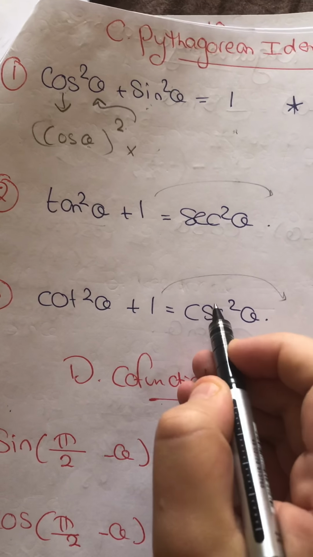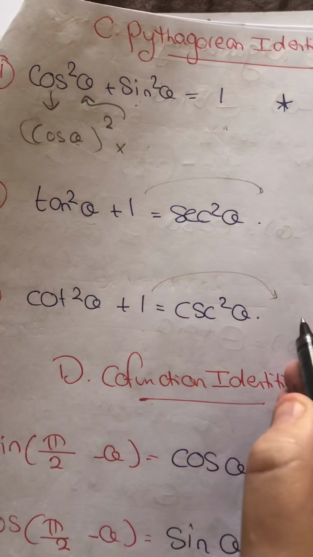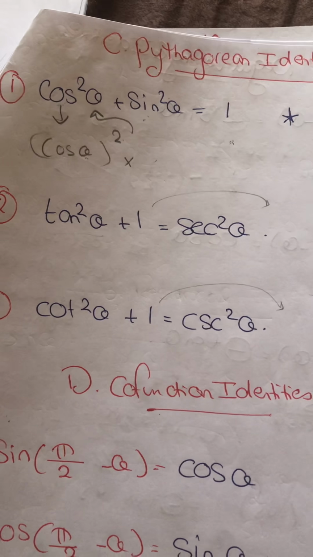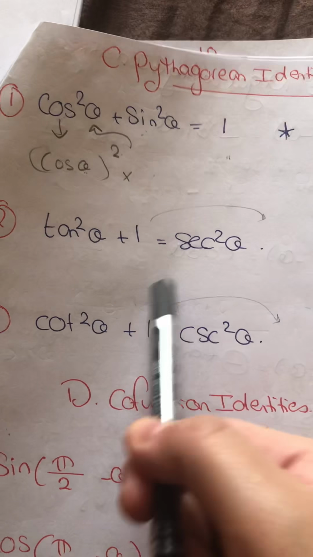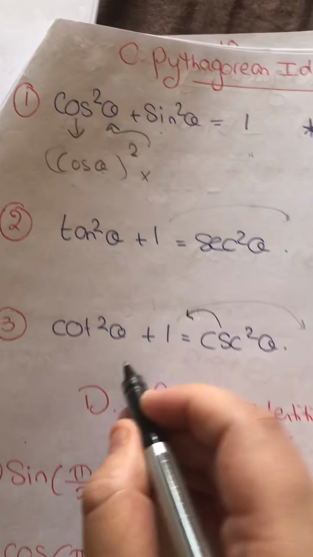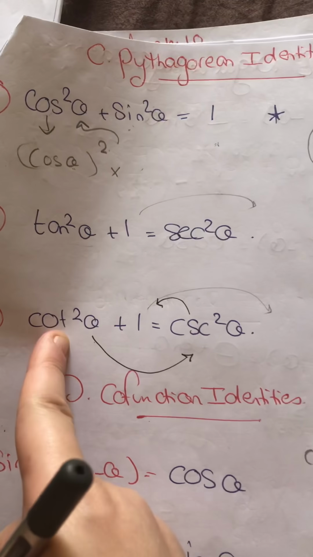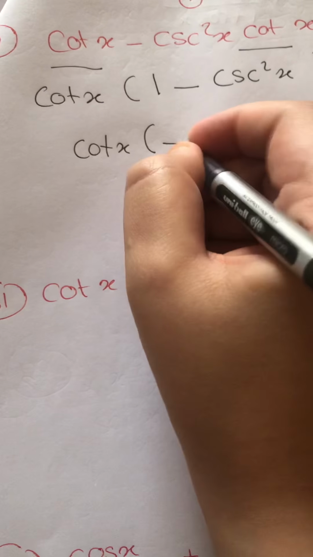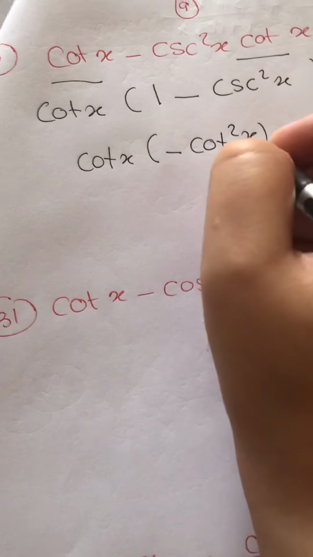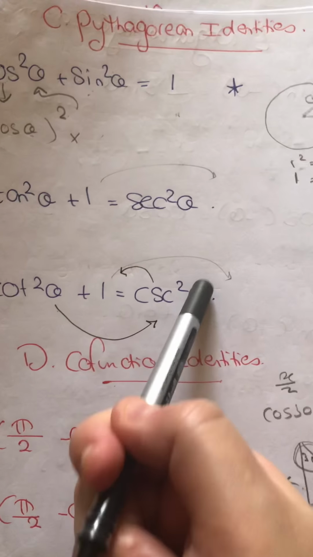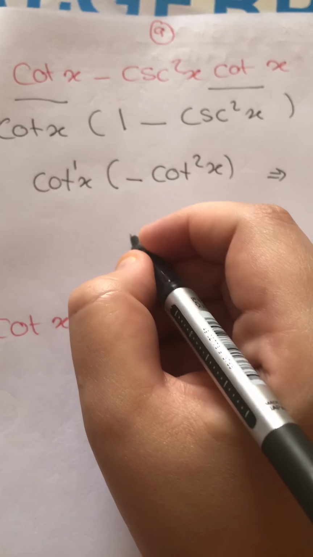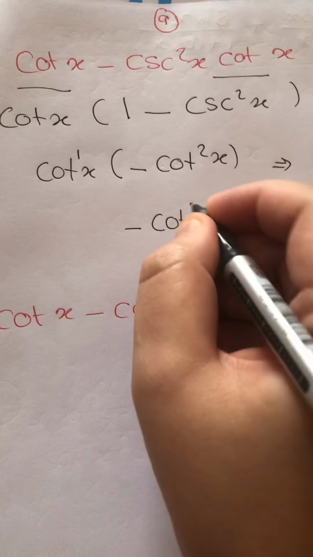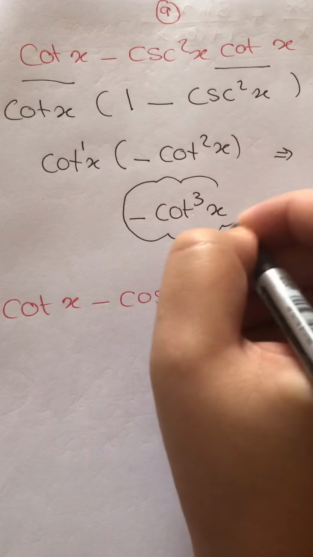We're used to cosec squared x minus 1, but this one is 1 minus cosec squared x. So if I put this in, I'll kick this out, and this will be negative. So I can say this is cotan x times negative cotan squared x, because kicking the cotan squared x out will change it into negative. I can add powers because I'm multiplying the same bases. Negative cotan cubed x, and this is our lovely answer.